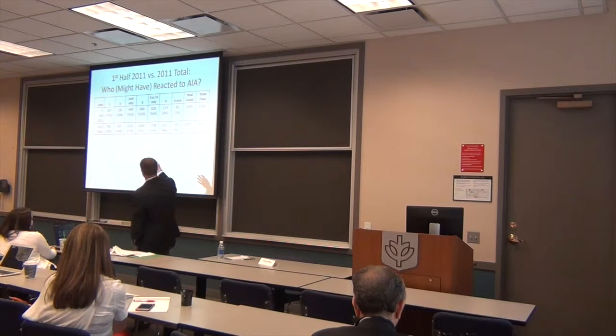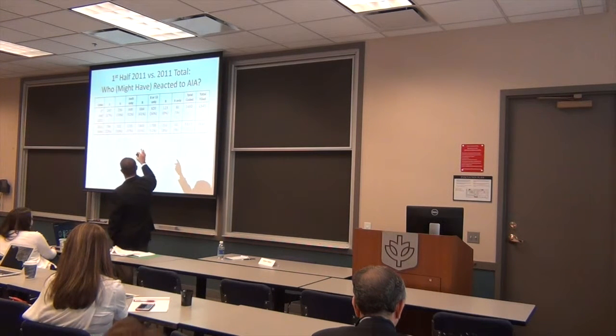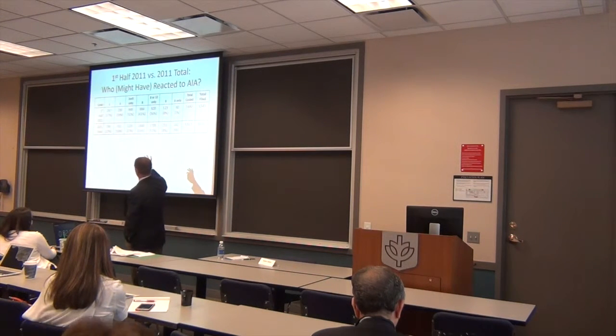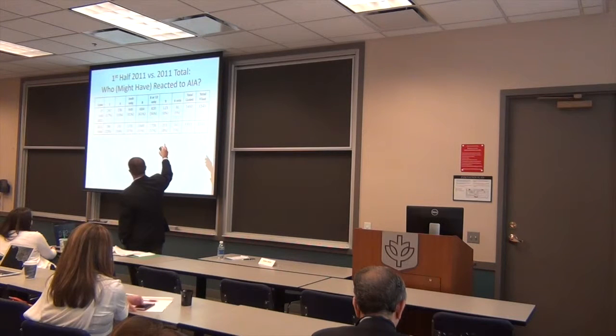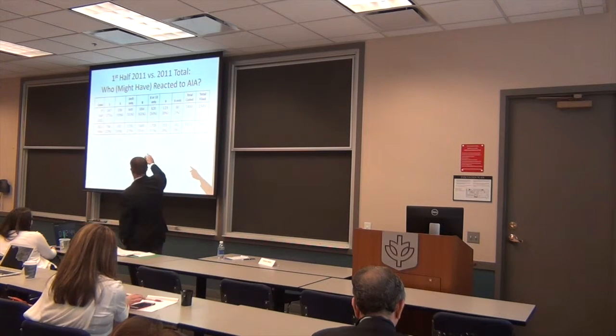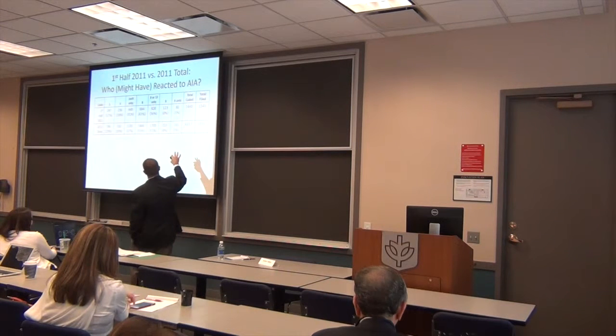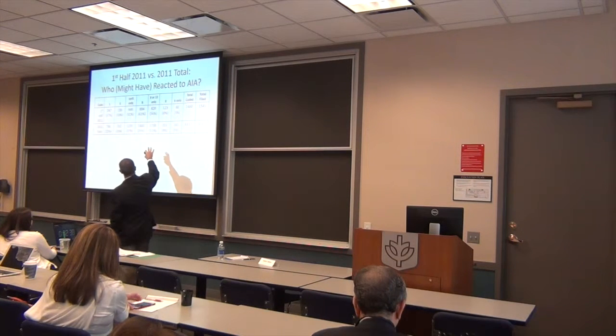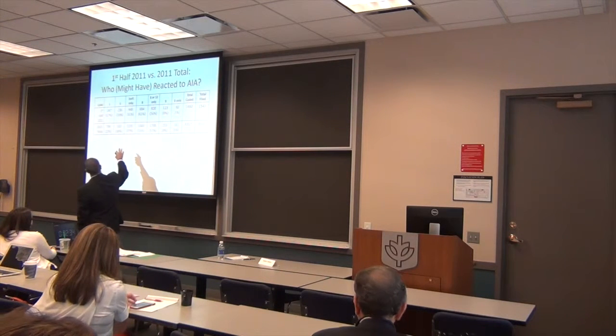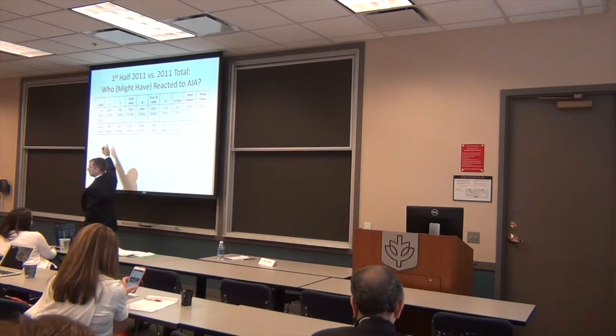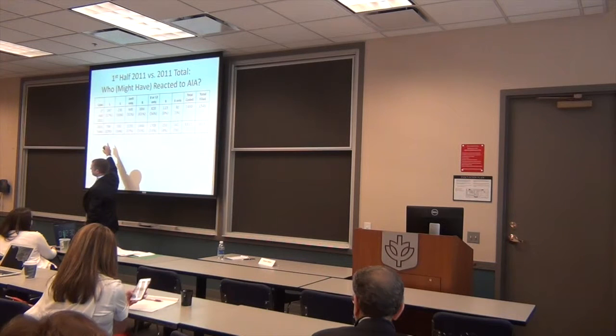And I also wanted to see who actually changed their behavior in response to the AIA. So we have first half of 2011 on the top, second half or entirety of 2011 on the bottom. And just looking at percentages here, the big change was in the licensing firms that acquired their patents from third parties.